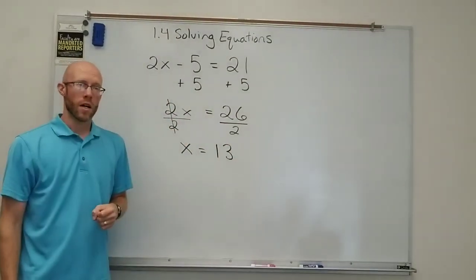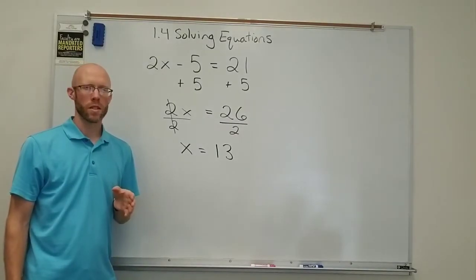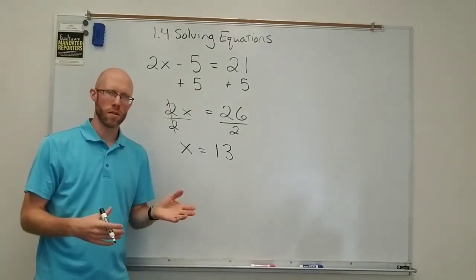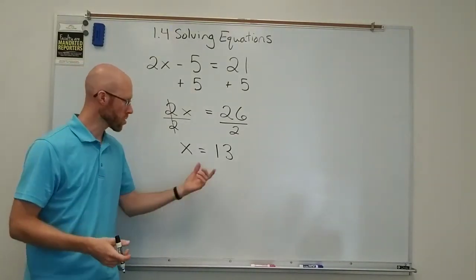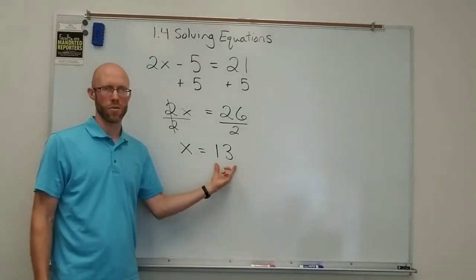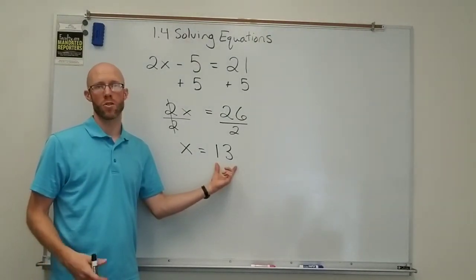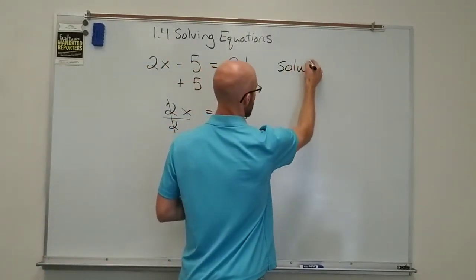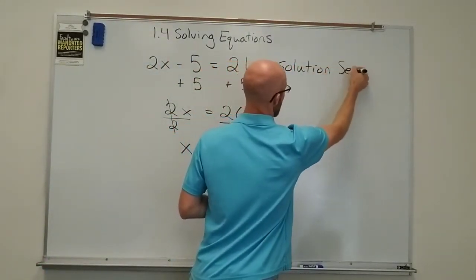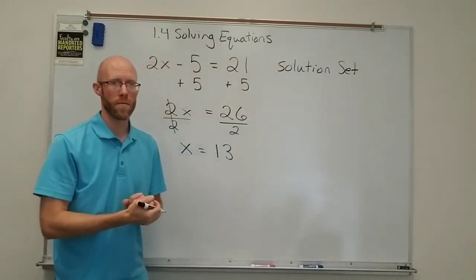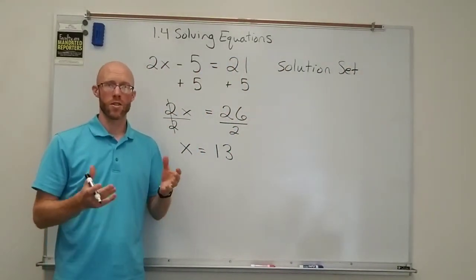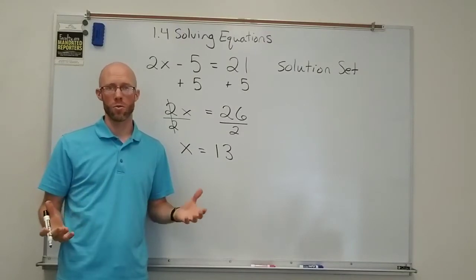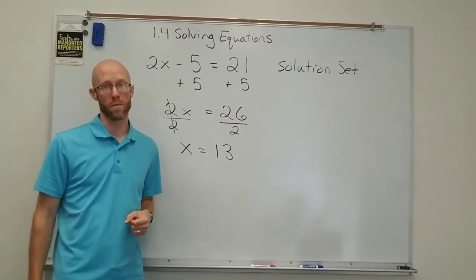Now, one thing that's a little bit different than what you may have seen in previous courses is that we're going to represent our final answer in a form that we call a solution set. A solution set is really a set that contains all the solutions to the equation.